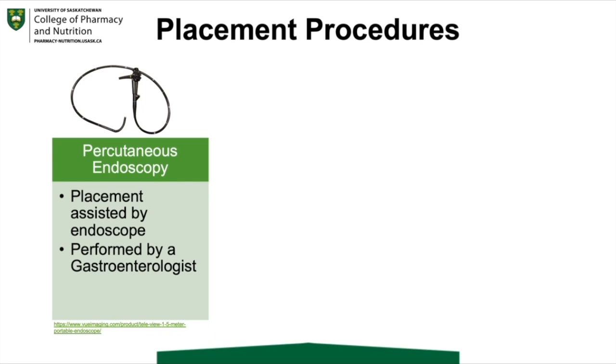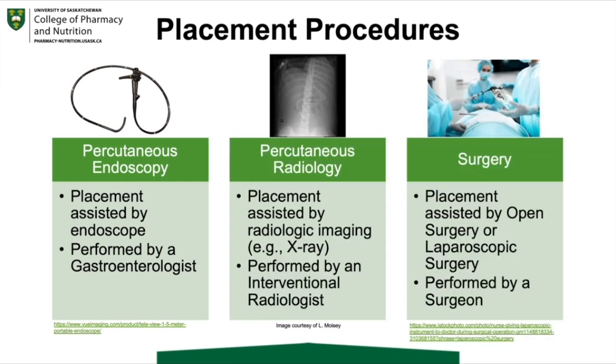There are 3 methods that are used to place tubes through the abdomen: endoscopy, radiology, and surgery. Endoscopy uses an endoscope to guide the placement, radiology uses an X-ray, and tubes can also be surgically placed.